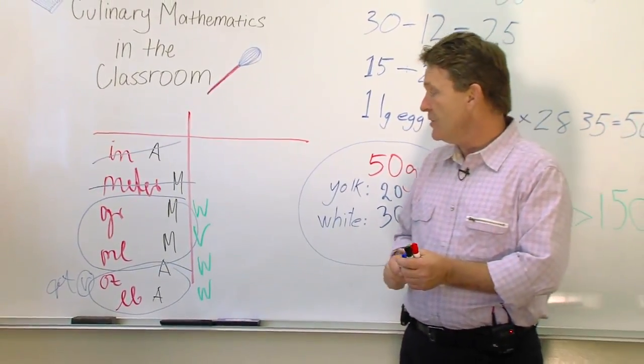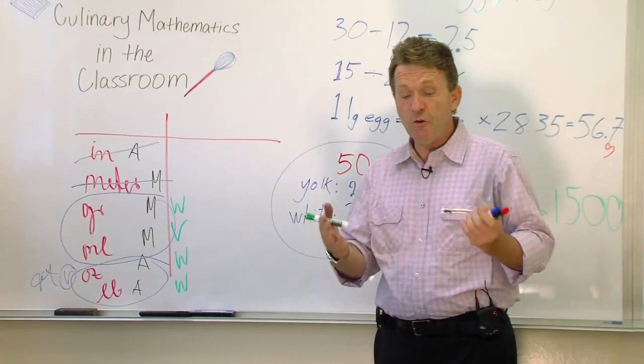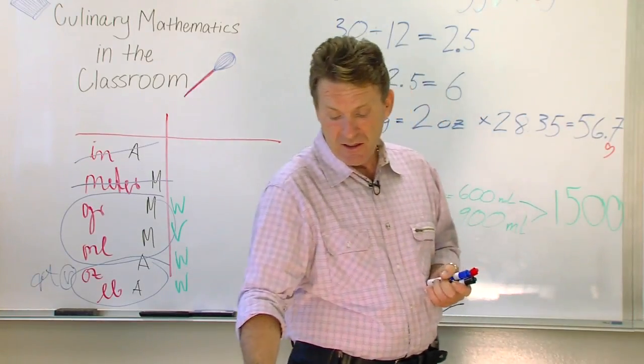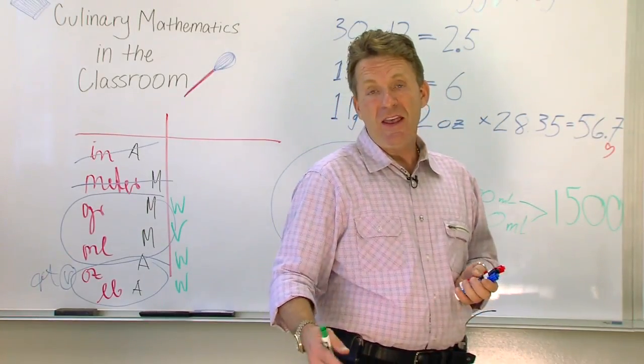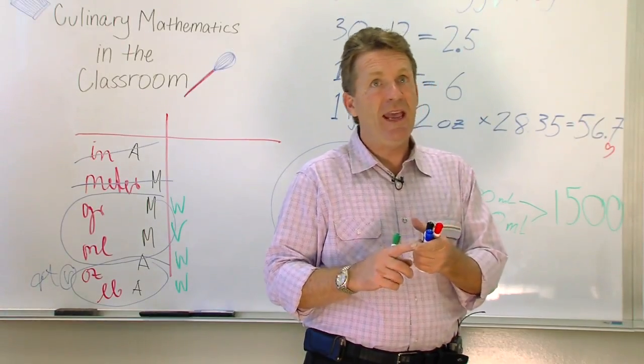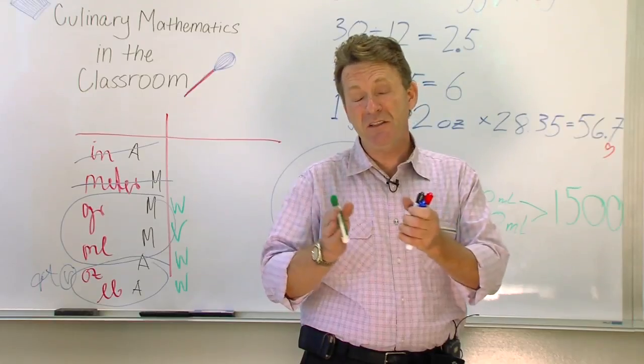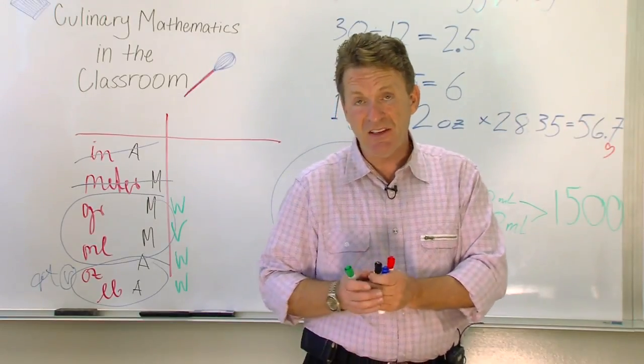Then we also presume that the specific gravity is based on water, and that items like milk, oil, cream, eggs, all of those have the same specific gravity as water, even if not scientifically correct.